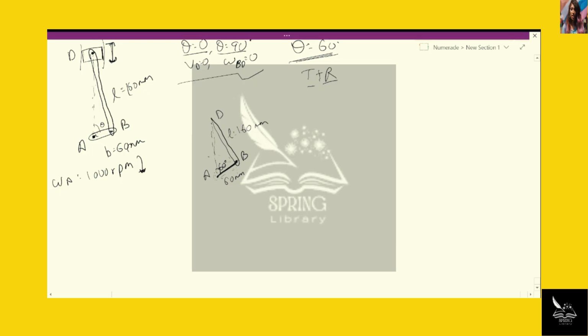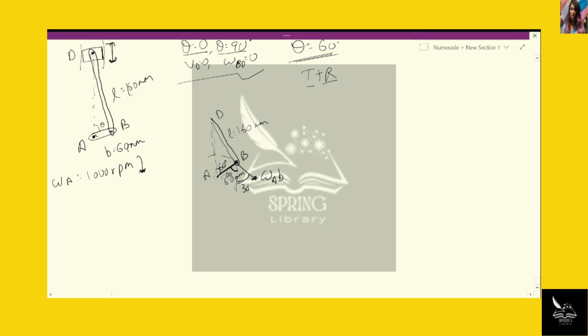The velocity at this point will be due to the circular motion and it will point along the tangent. So it will point something like here, and the value will be omega AB times AB. And what will be the angle? Since this is 60 degrees from vertical, this angle is going to be 30 degrees.